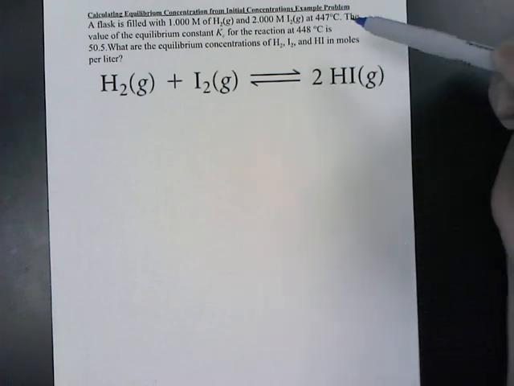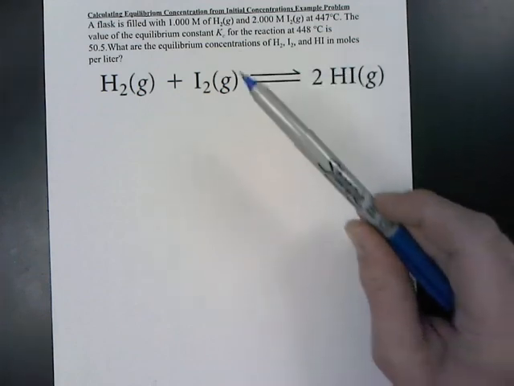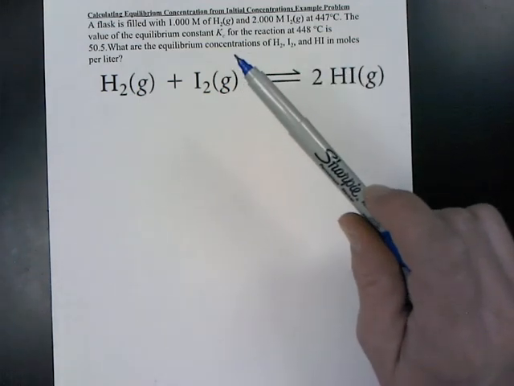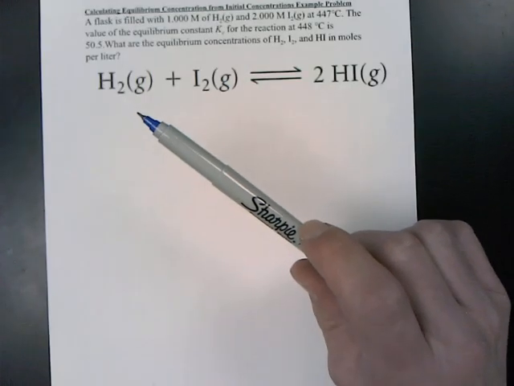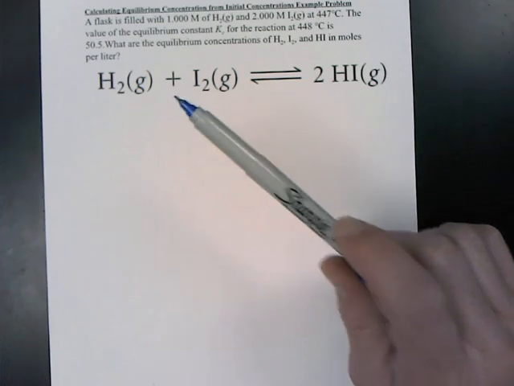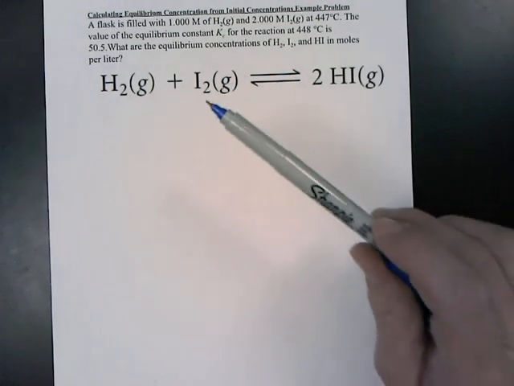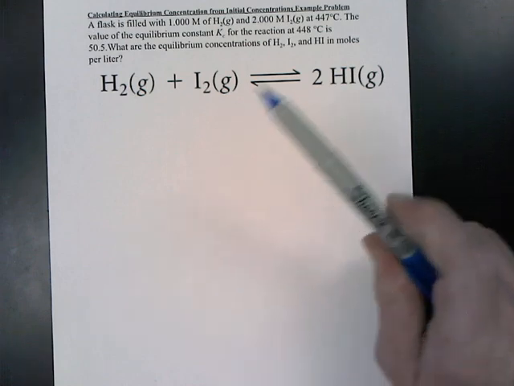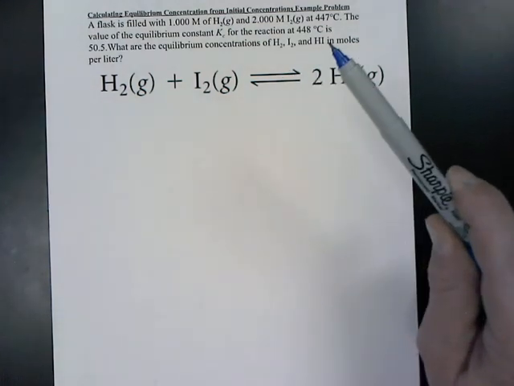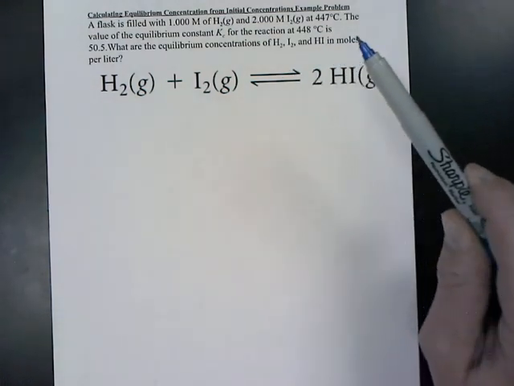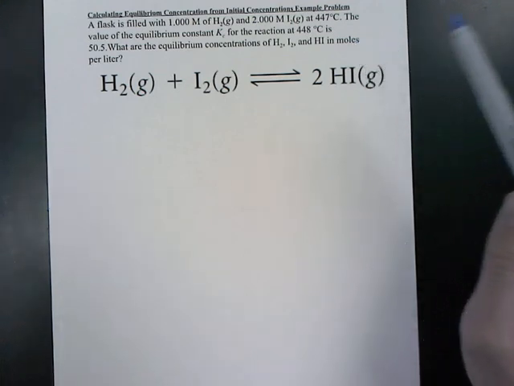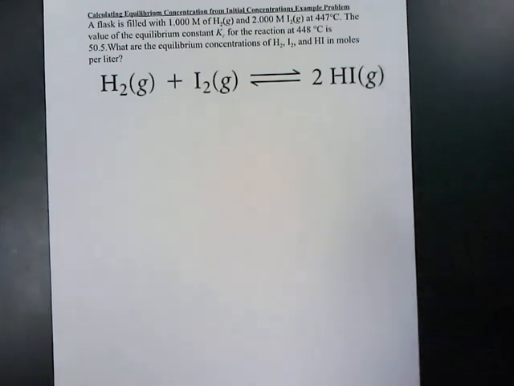We go through the reaction, which we've done quite a few times, and we find our Kc to be 50.5. From this information, we need to know what the equilibrium concentrations of H2, I2, and HI are in moles per liter, which is simply molarity, big M.